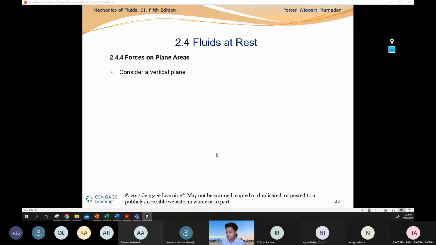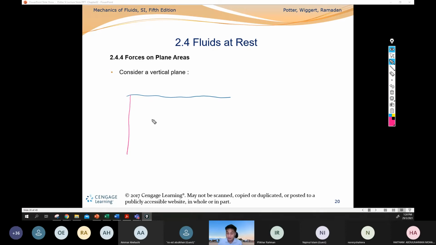All right. So consider a vertical plane. Let's draw the vertical plane. So this is the most interesting part. Okay, this is the water. This is the water surface, or we call it a free surface. And then we dip a vertical plane. Just imagine this is a very straight vertical plane.